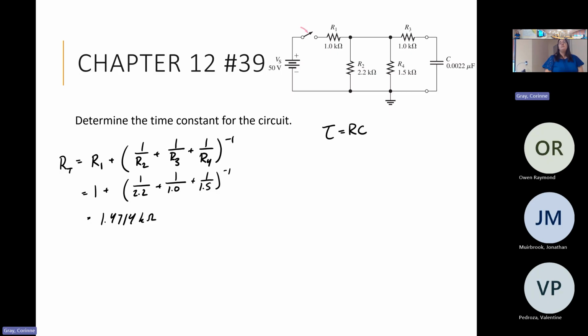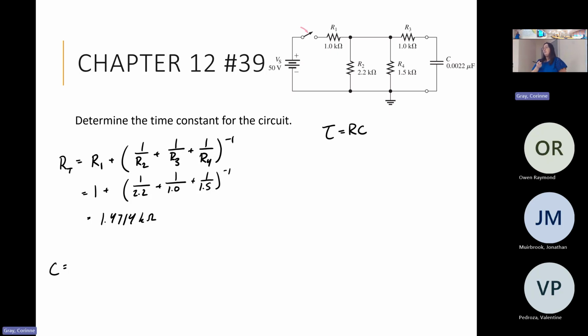Regular ohms versus kiloohms, does it matter? Well, let's think about it. What's the unit for capacitance? It's in farads, but what's it given in? Given in microfarads. Kilo is 10 to the what?